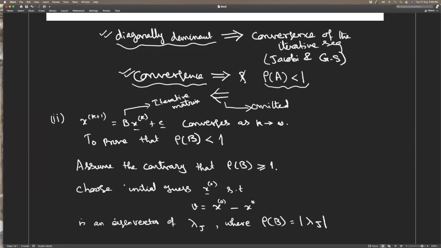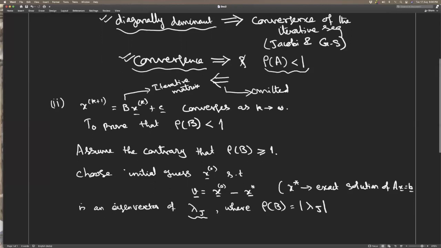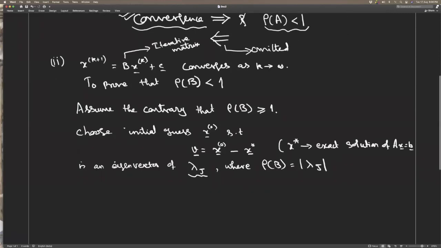It means this is the eigenvalue at which the maximum modulus is attained, and x star is the exact solution of the system. It means A x star is equal to b. You can always choose a vector such that x0 minus x star is your eigenvector corresponding to lambda j.